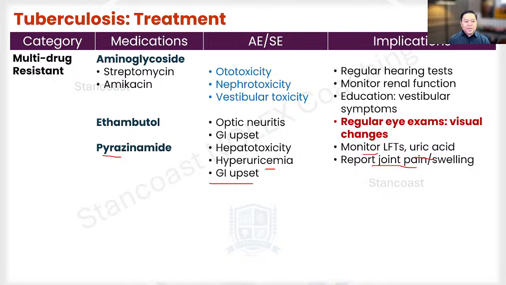Okay, now moving forward with the next second line defense, we have the ethionamide. What is this medication? This is another medication that can also inhibit the mycolic acid synthesis.